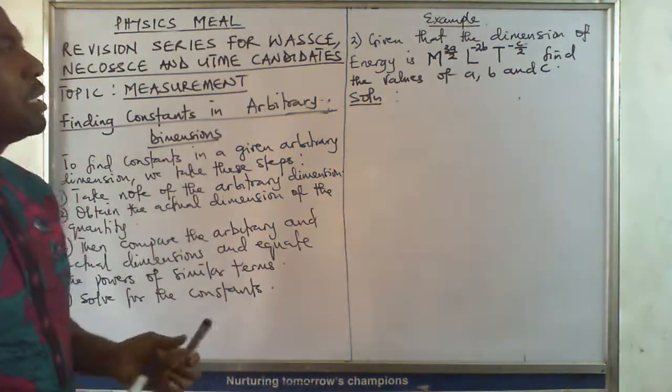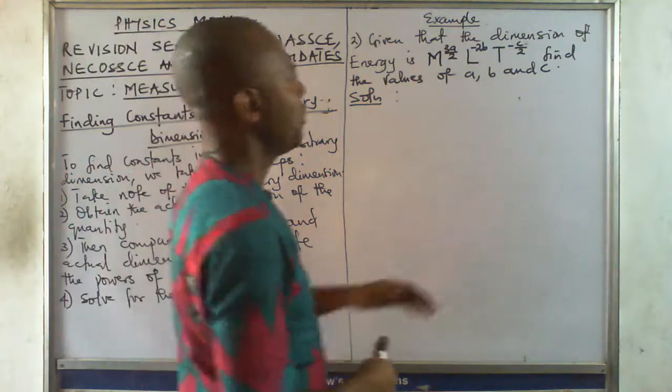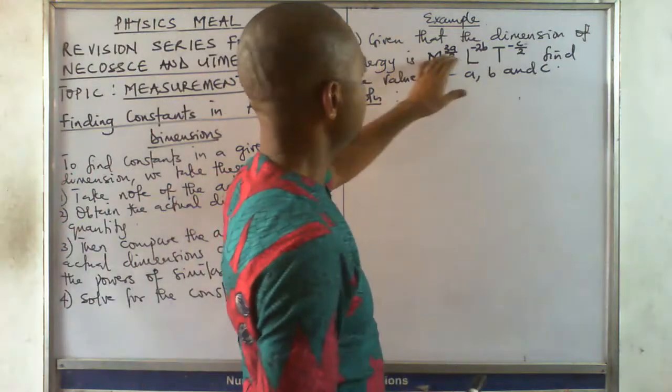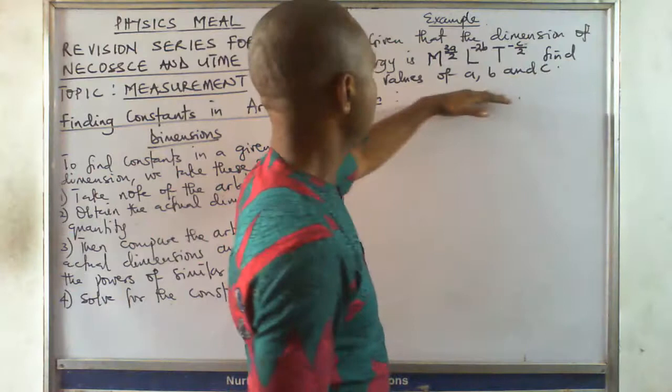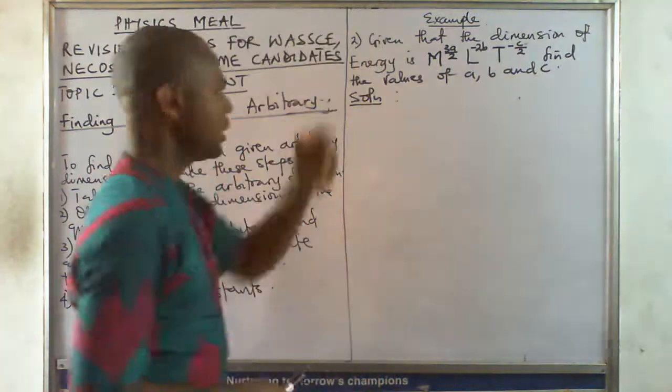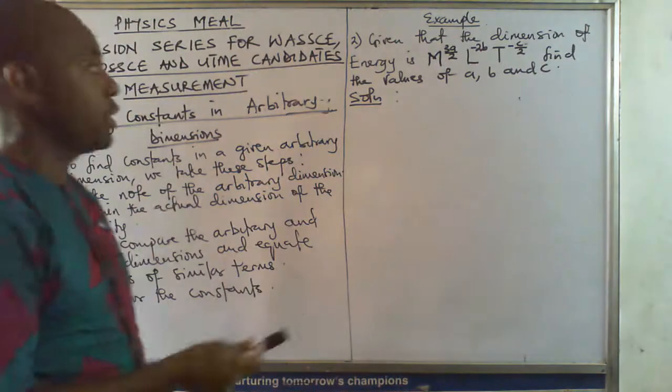Given that the dimension of energy is this, find the values of that.